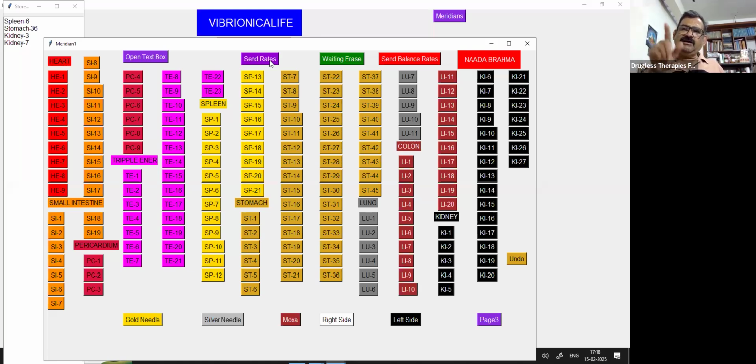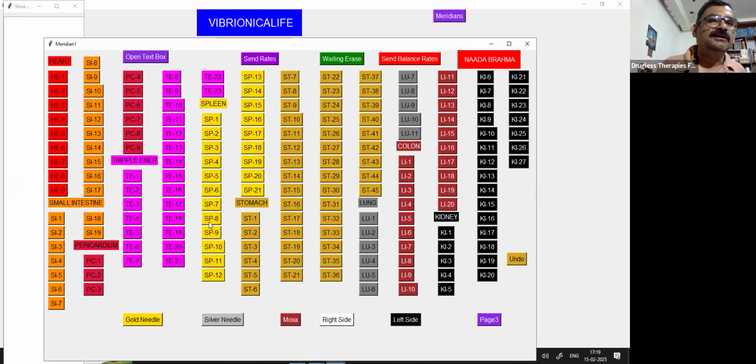If there is palpitation in the heart, that means wind excess. We will see what that is. Wood, H9. H9 is the wood element of the heart. We want to reduce the heart's wind.